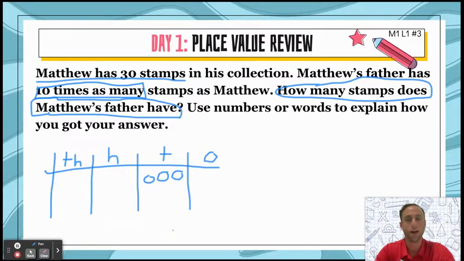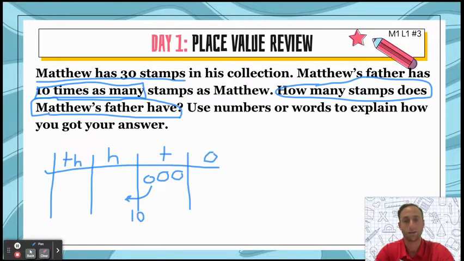Now, if Matthew's father has 10 times as many, I know that when I go from one place from the right to the left, my value increases by 10 times. So if I go from the tens to the hundreds, we just said this, but we'll say it again because our magic number is 10.